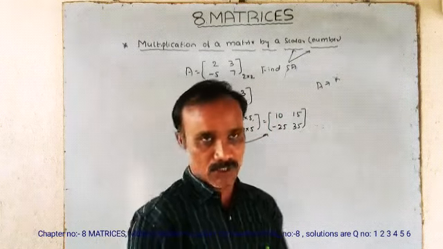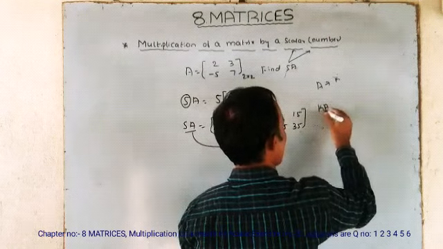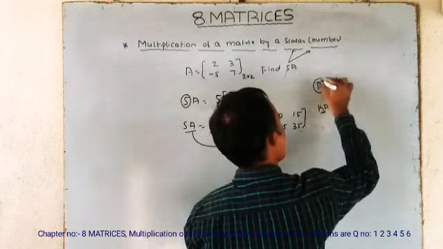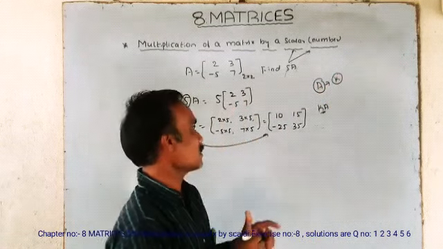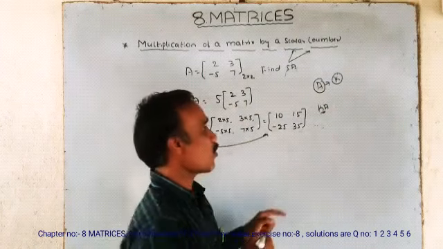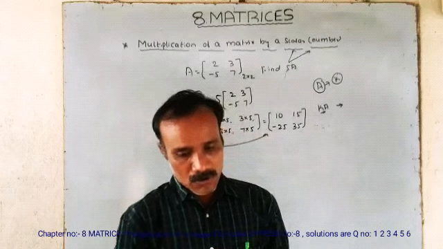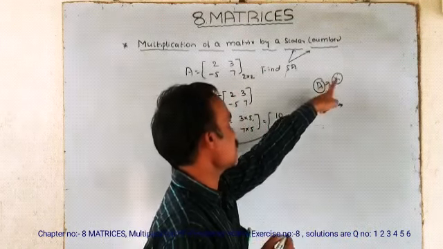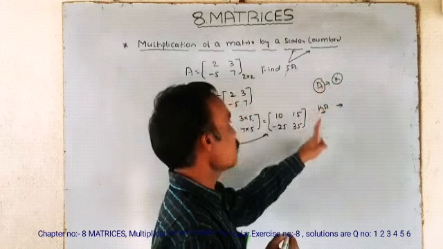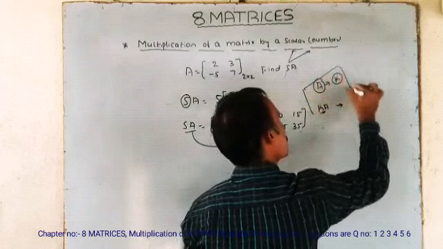I repeat, A is any matrix, K is a number or scalar, then the matrix KA is obtained by multiplying each element of A by K. So this is the general rule.